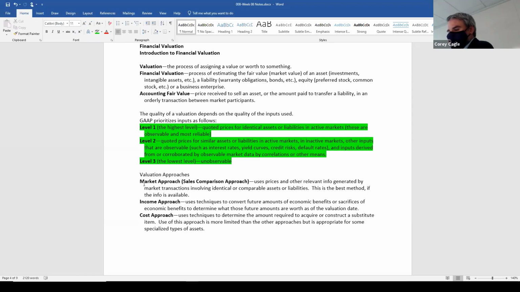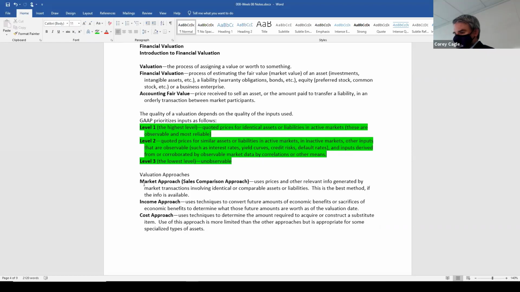So our approaches to valuing things, there's a market approach. It says exactly what it is. You're using things that are observable in the market, prices, whatever information you can gather involving market transactions, to value what you're trying to value. That's the best method if you have the information.